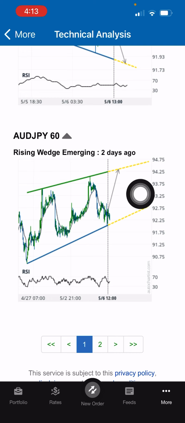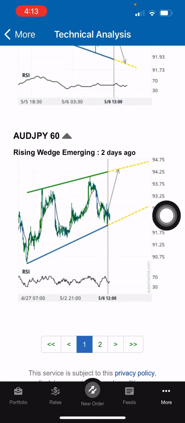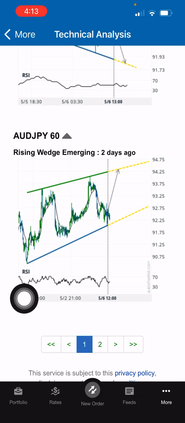On this 1 hour chart, it looks like a rising wedge is emerging. I'm just going to ignore that one because all the other ones show it going down. They base this off of the RSI indicator. I was using RSI for a while, and I switched over to the ADX. They both do the same thing.